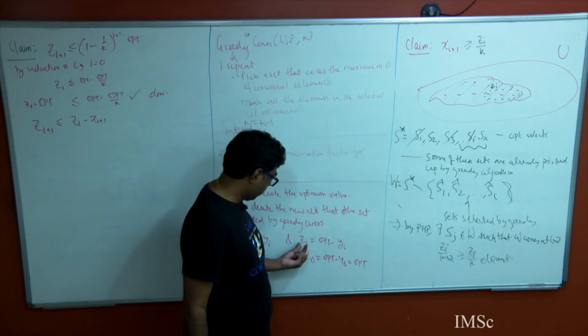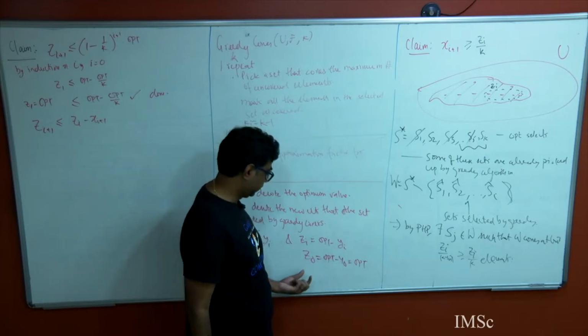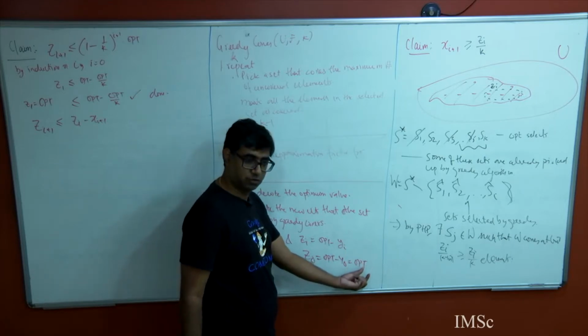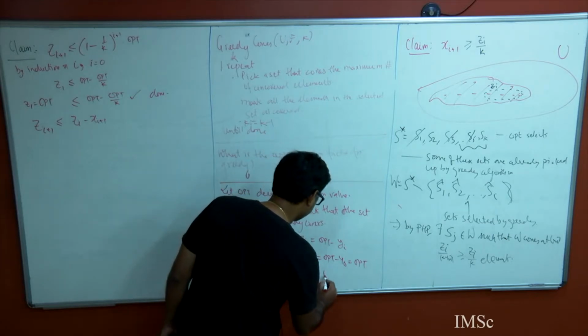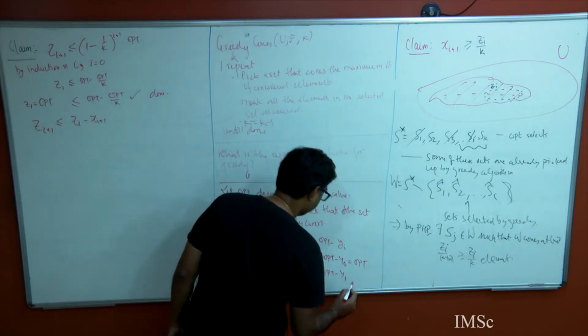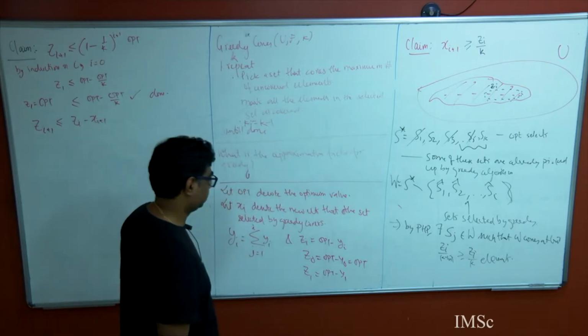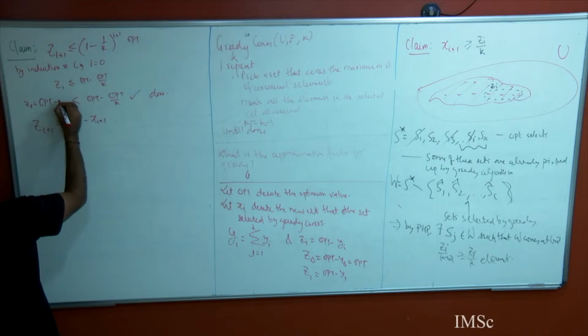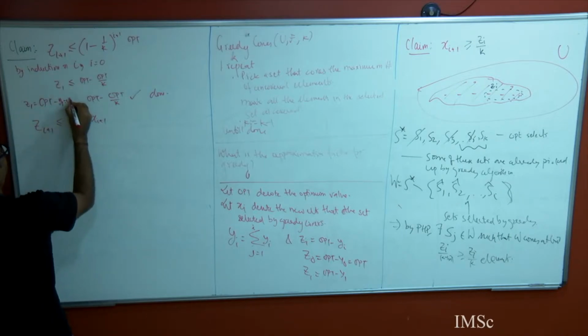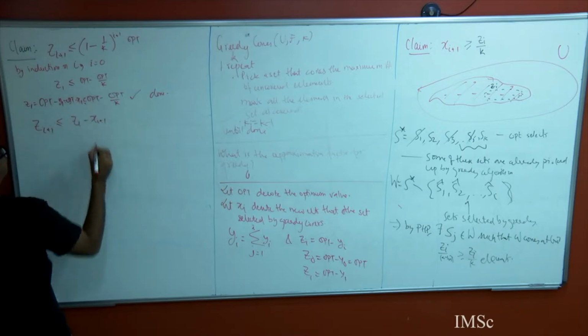Look, Zi is opt minus Yi. So Z0 is opt minus Y0, which is equal to opt, right? So Z1 is opt minus Y1, which is equal to X1. So Y1 is equal to opt minus X1, and this is correct.